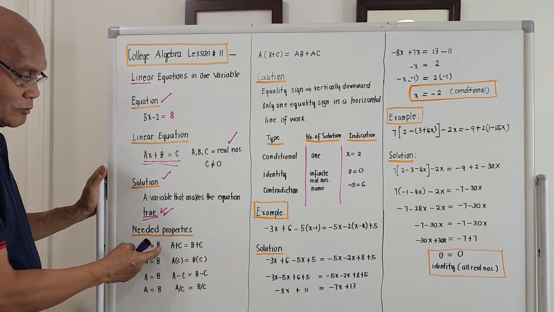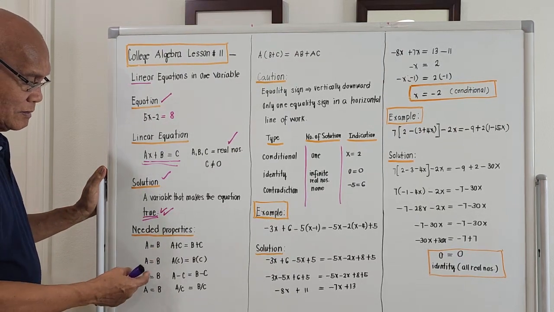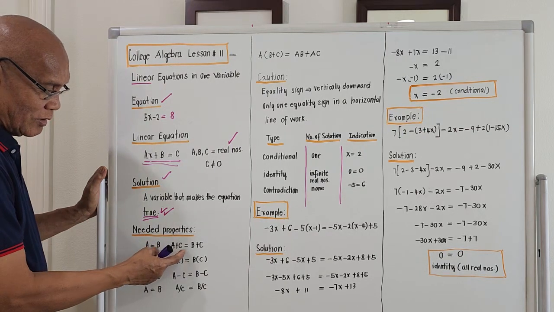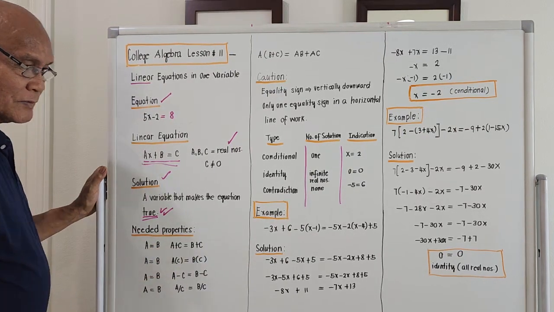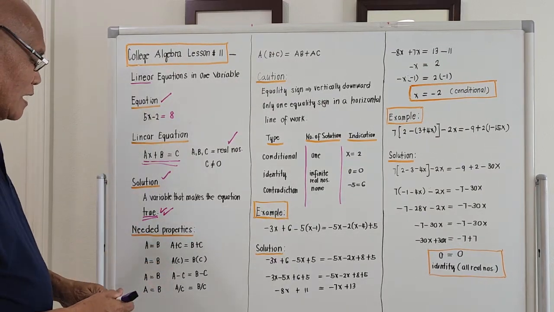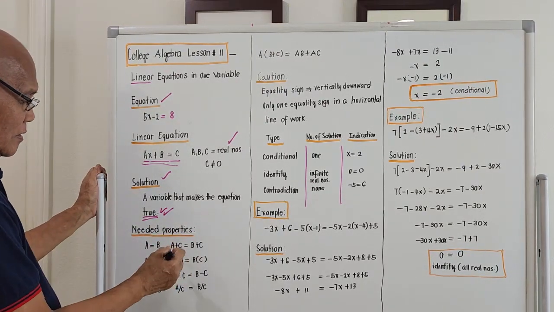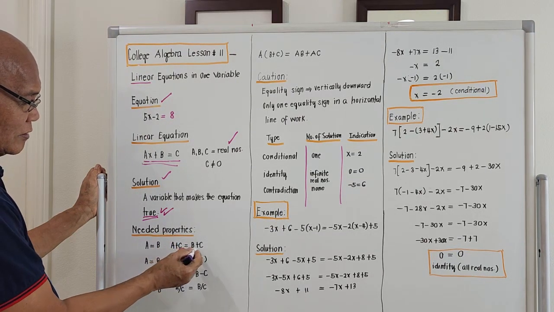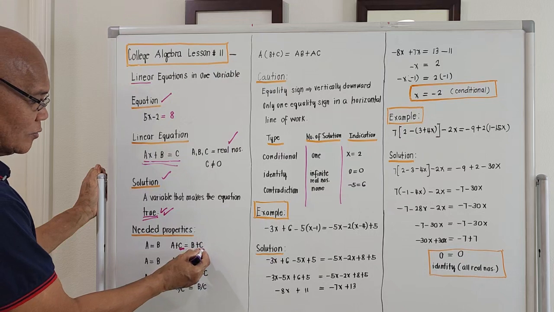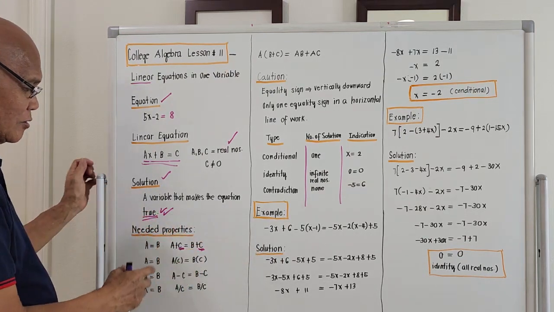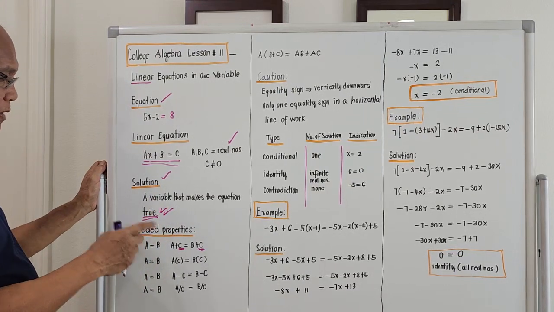If A is equal to B, we can say that A plus C will be equal to B plus C. This is the additive property. Whatever you add on the left hand side and also on the right hand side will not change the value of the equality.